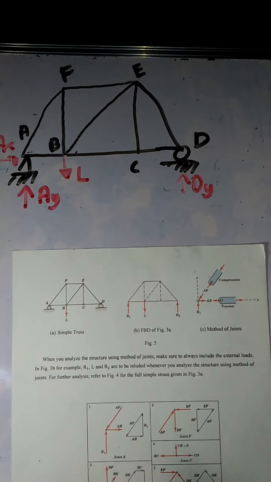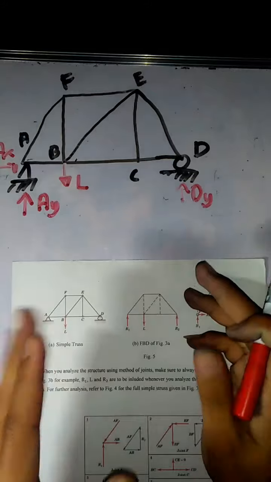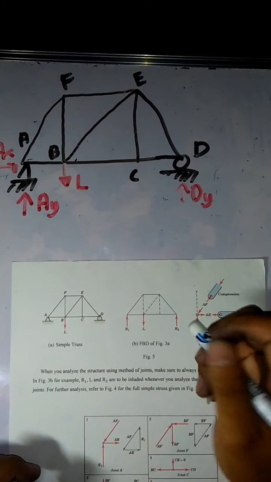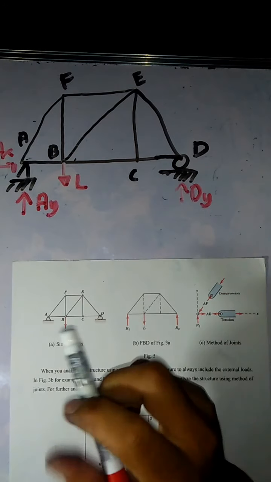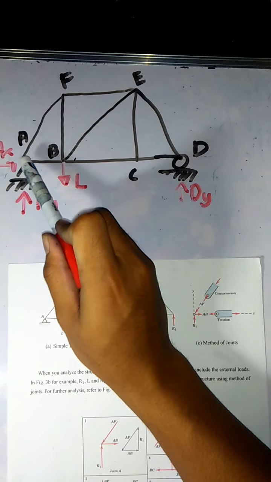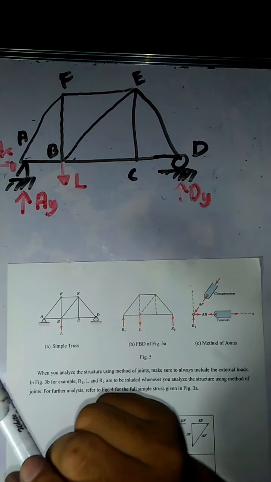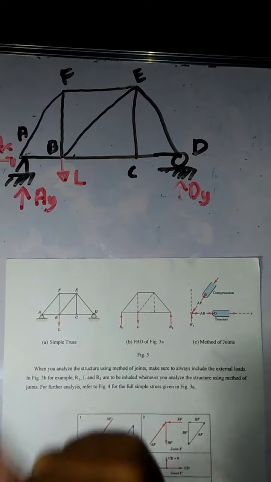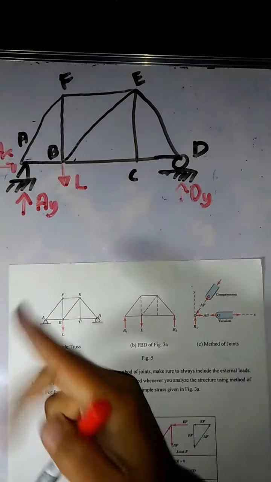Okay? So, this is how we analyze a truss using method of joints. In analyzing a truss using method of joints, we look at a joint in which there should be at least one load given or known, and the unknowns should not exceed two.